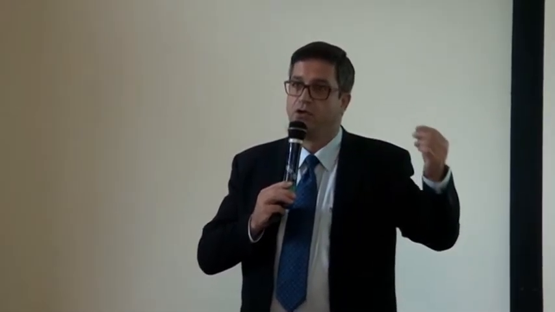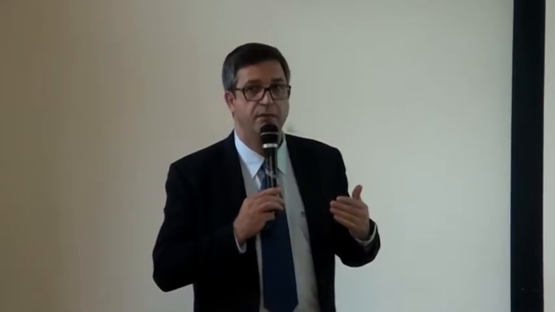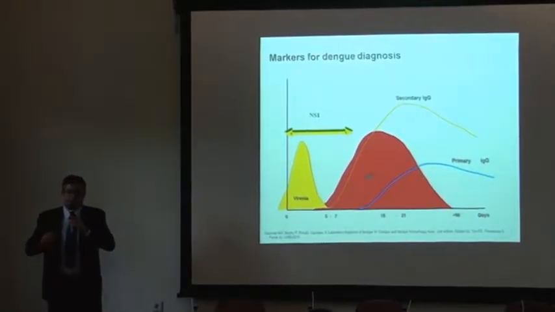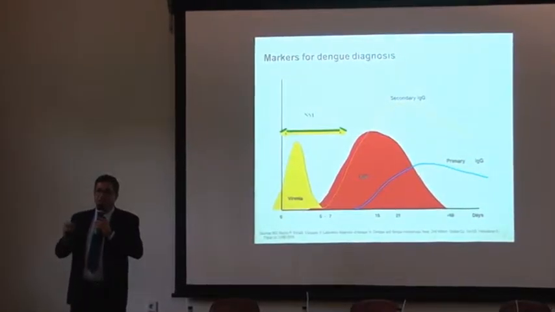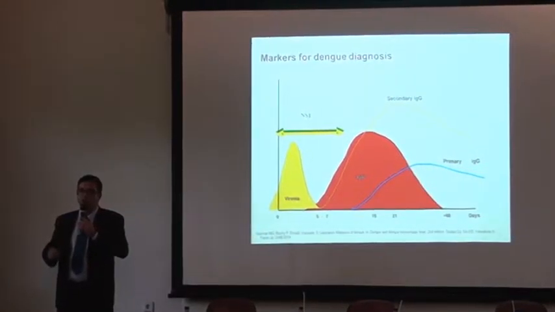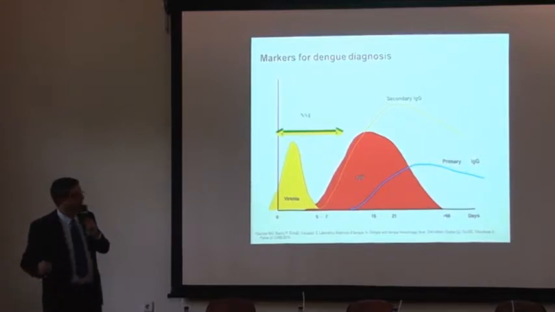In the indirect methods, you demonstrate the presence of the virus in the body, not directly, but because you see the reaction of the body by producing antibodies, IgM and IgG. You have to understand when to collect specimens, because based on the timing of the specimen collection, you can do some tests and not others.